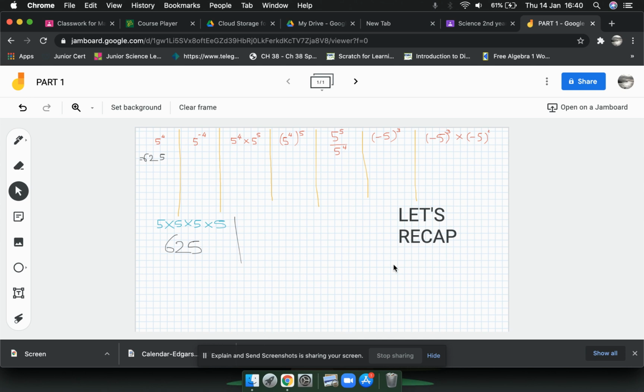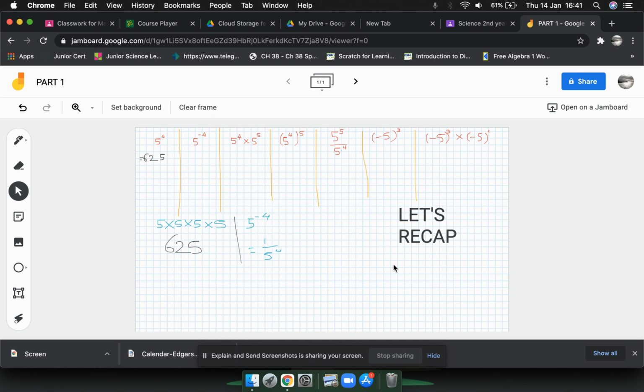Well, I have 5 to the power of minus 4. Now we're just following the rules of indices, and one rule we know is that what this means is I have 1 over 5 to the power of 4.